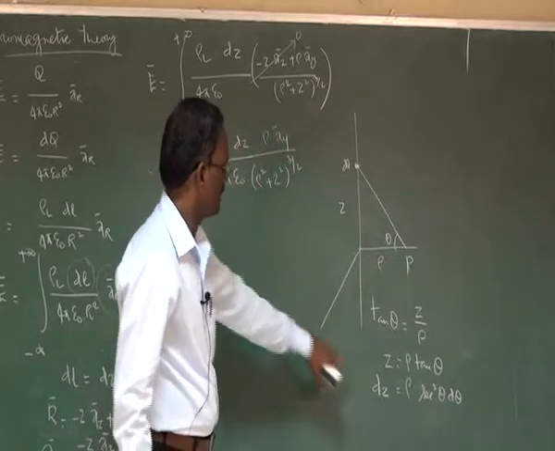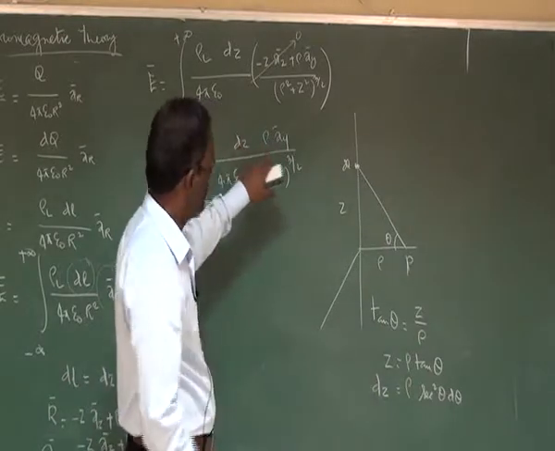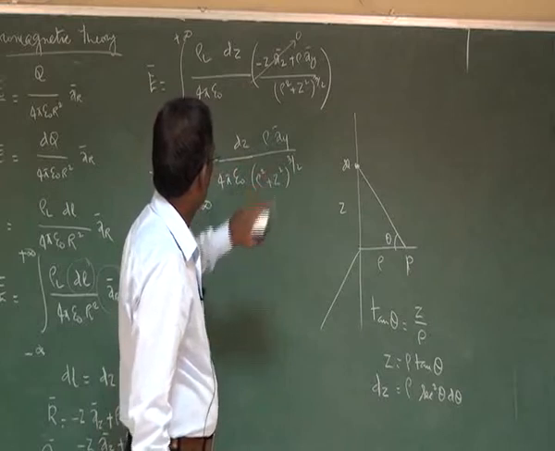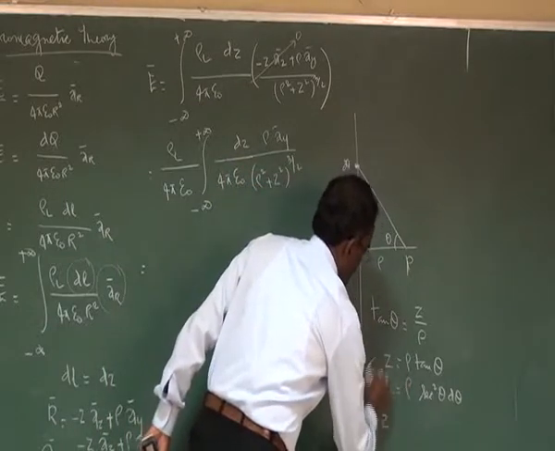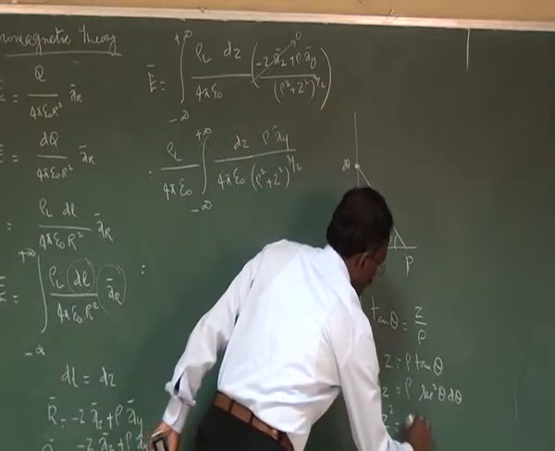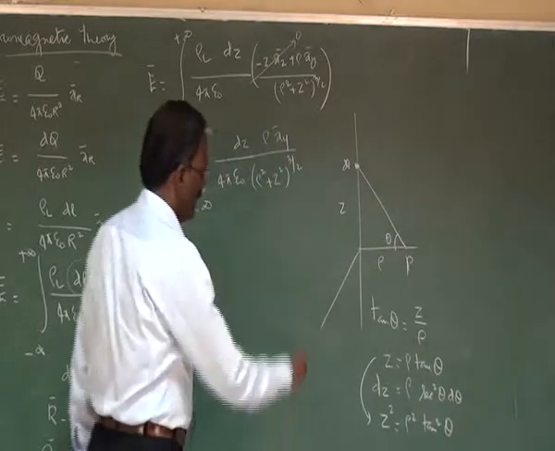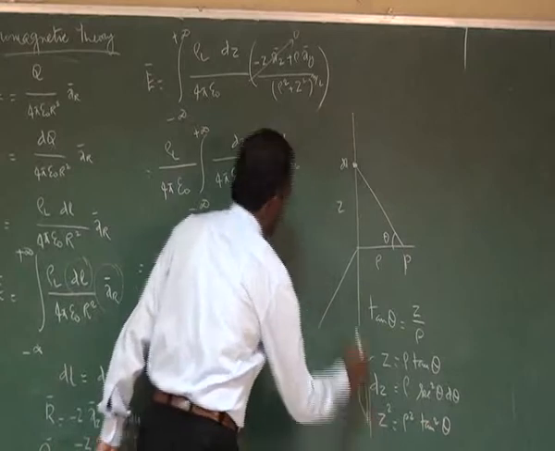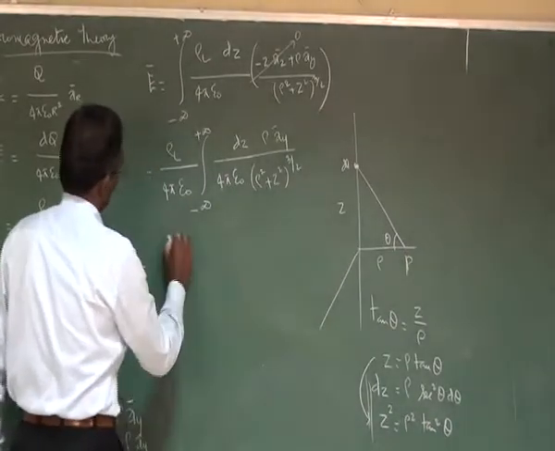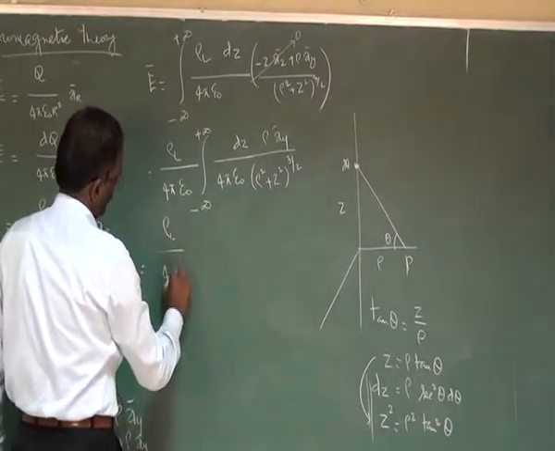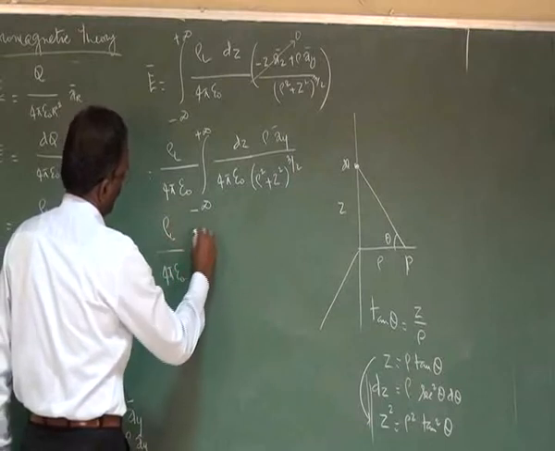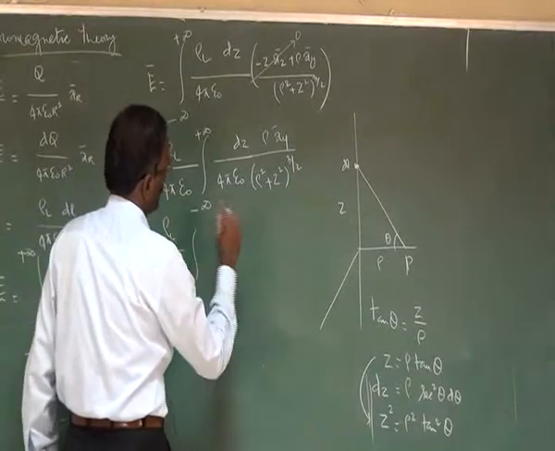I will substitute here dz as rho secant square theta d theta. Then from z, z square is rho square tan square theta. These are the two substitutions I will do here: rho L divided by 4 pi epsilon O, limits I will substitute later.